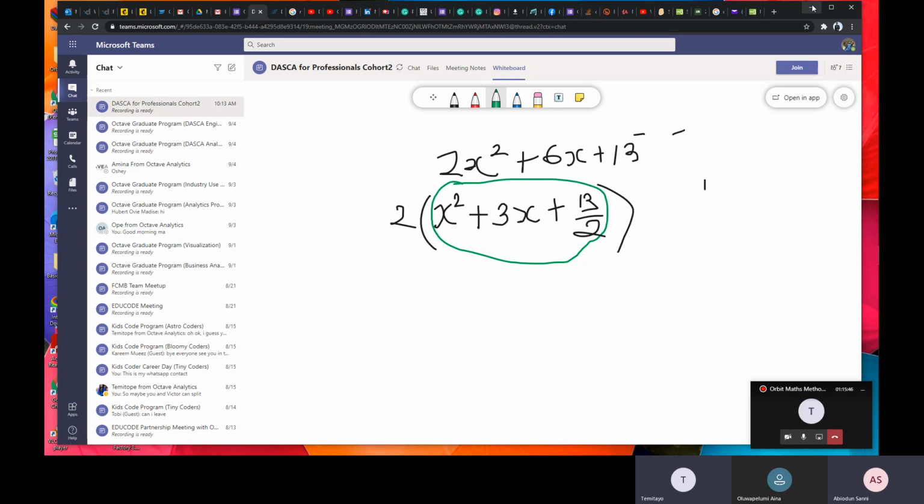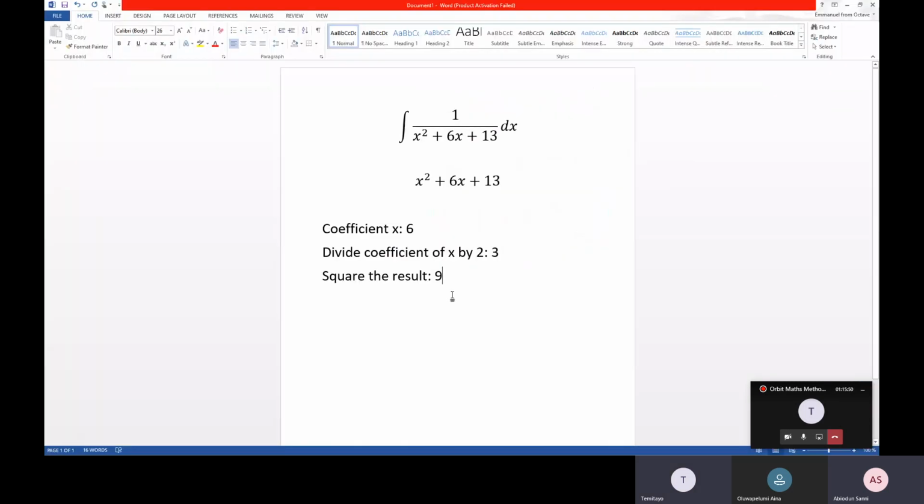So let me go to my Word. Here, since my coefficient of x squared is 1, I move on. What's the coefficient of x? 6. Divide the coefficient of x by 2. That's why it's 3, as you can see here. Then you square this result. This is 9.